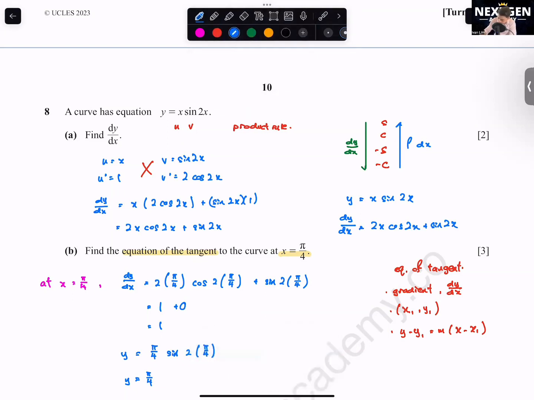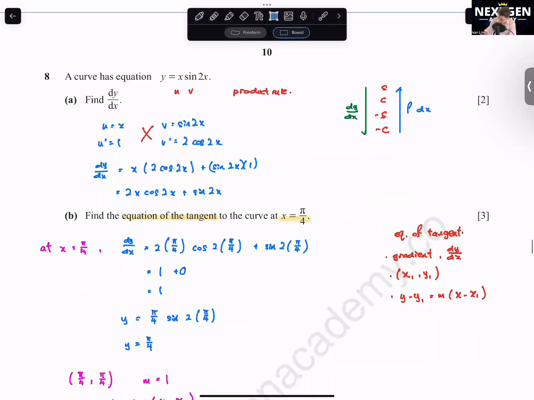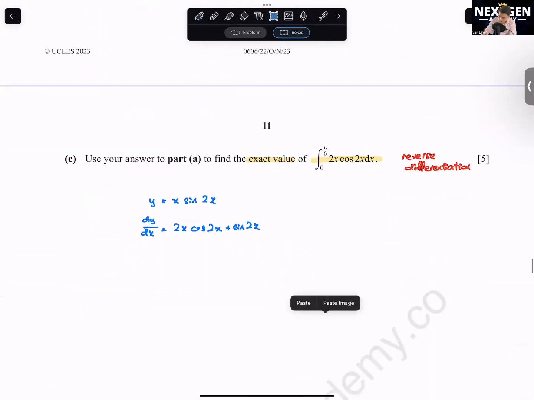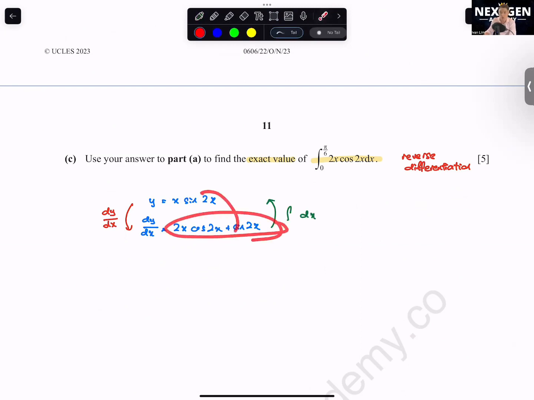I want to bring it down. So if I differentiate, I will get this. If I integrate, I will get back to the question again.